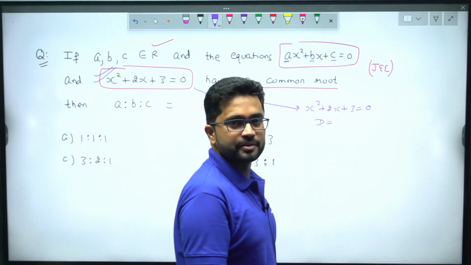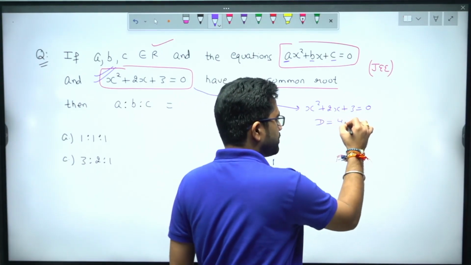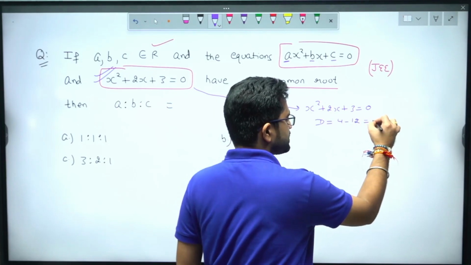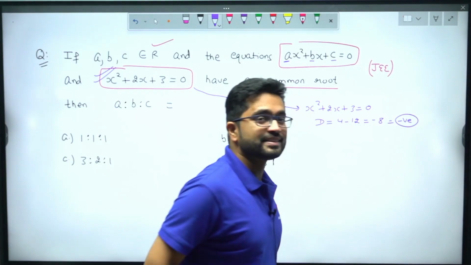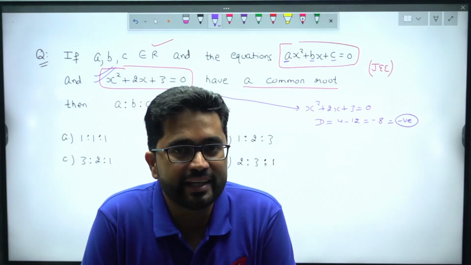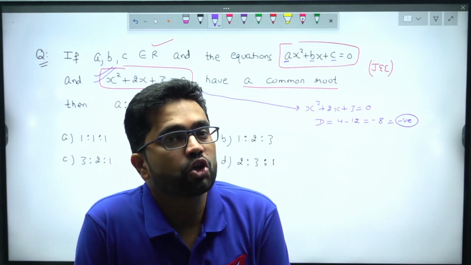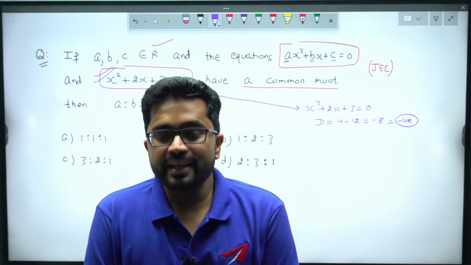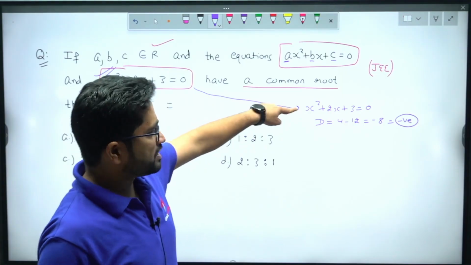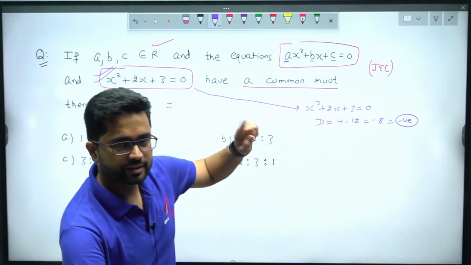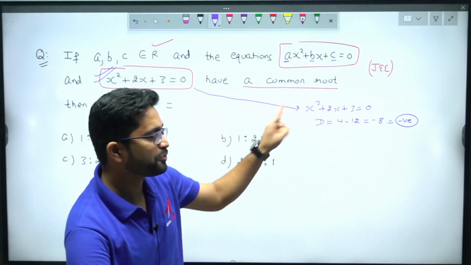D is b square minus 4ac. Yes, D comes out to be negative. Guys, when D is negative, roots are non-real, and the coefficients are real.